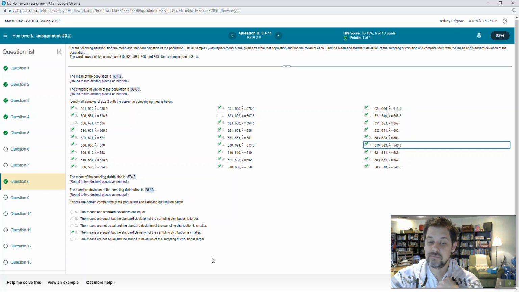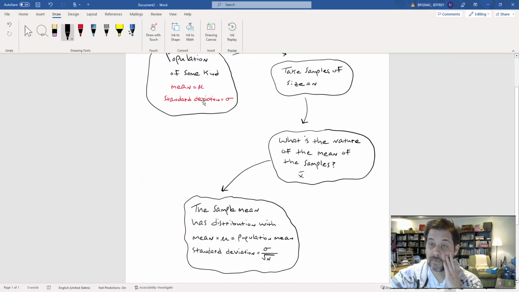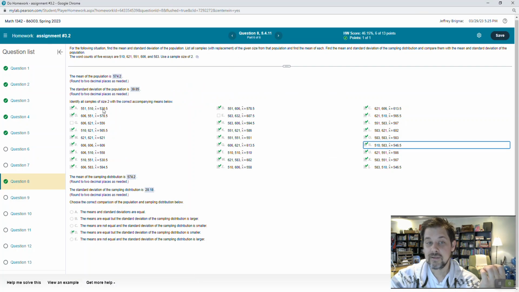A big question, mainly because of this part right here. When I say that we're going to take samples of size whatever, and I want to know about the sample mean, here they all are. This is what it's like. All these X bars. I'm talking about how to characterize that number in terms of a mean and standard deviation.